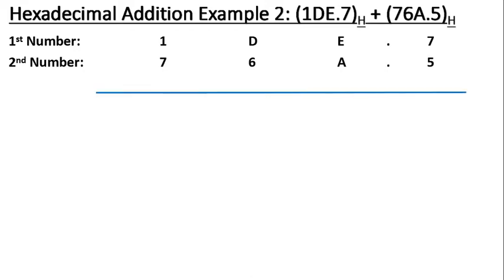Now, this addition process is to be started from the extreme right, and this operation is to be studied in a step-by-step manner. So, hexadecimal addition in a step-by-step manner. Now the numbers are written.